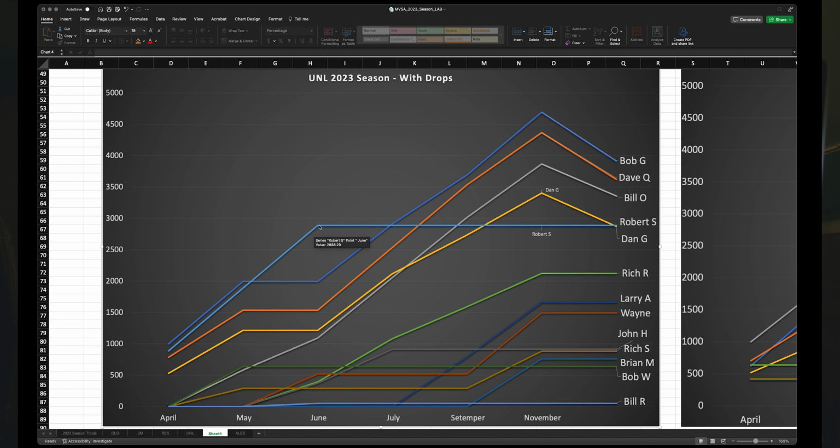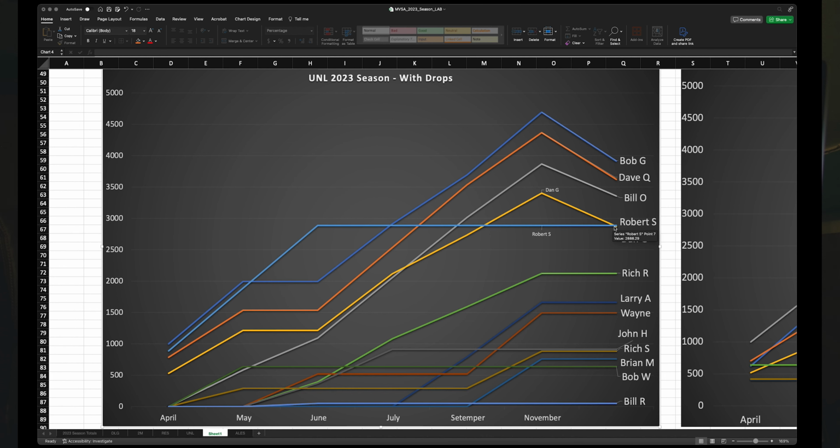Robert flew, I believe, 3 contests where I scored for 4 contests, but my 4 contest total was not enough to overcome Robert's 3 contests. And as we see, barely by the numbers here, he ended up beating me by 18 points.